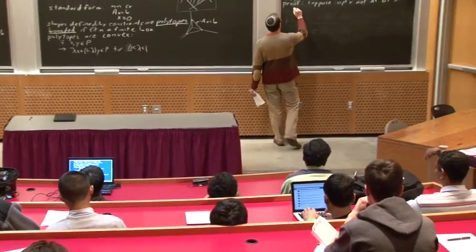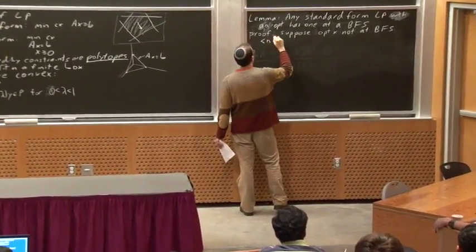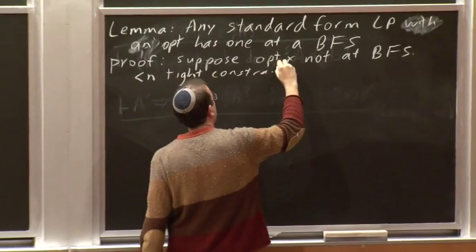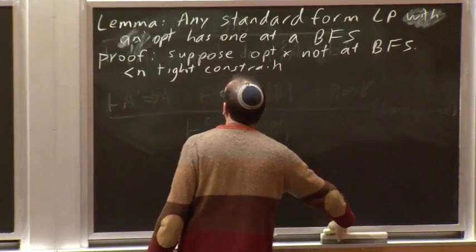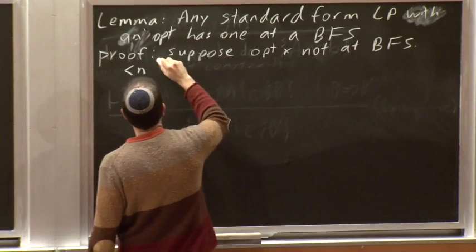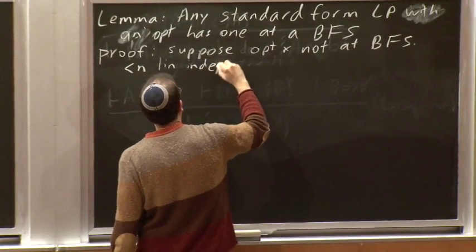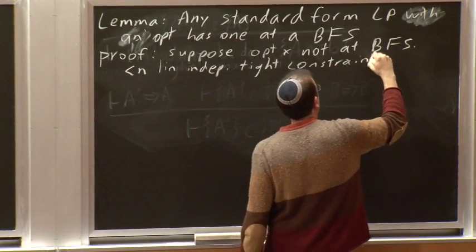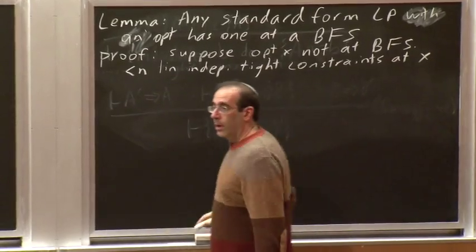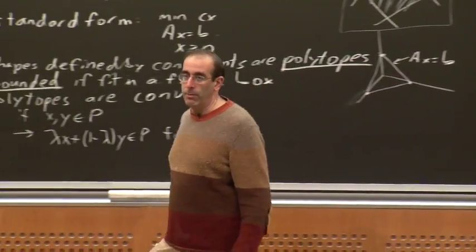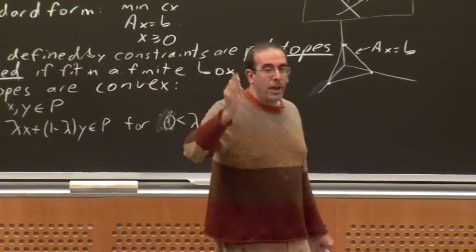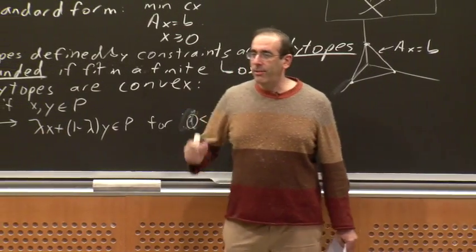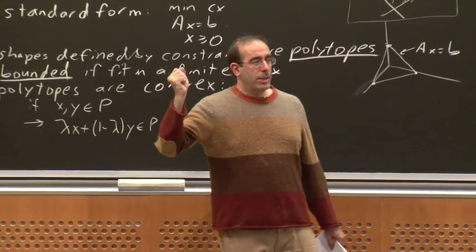Right, or more concisely, there are fewer than n linearly independent tight constraints. Okay, so forgetting about the linear independence bit for a minute, which is just to deal with the hecklers. What can we say if we have fewer than n tight constraints, holding on to x? What does that mean?